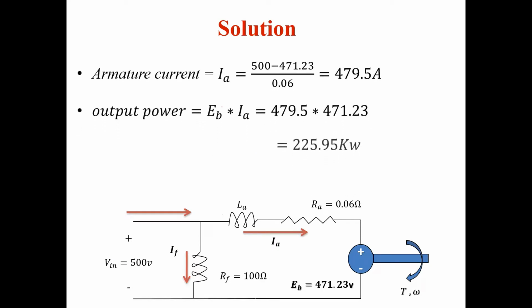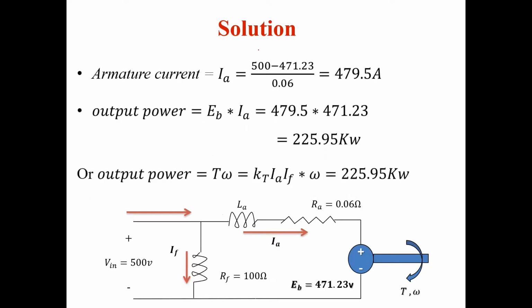And now we can determine the armature current. The armature current equals VA minus EA, the back EMF, divided by RA. Now we have VA, we have EA, and we have RA. So the armature current will be this much.